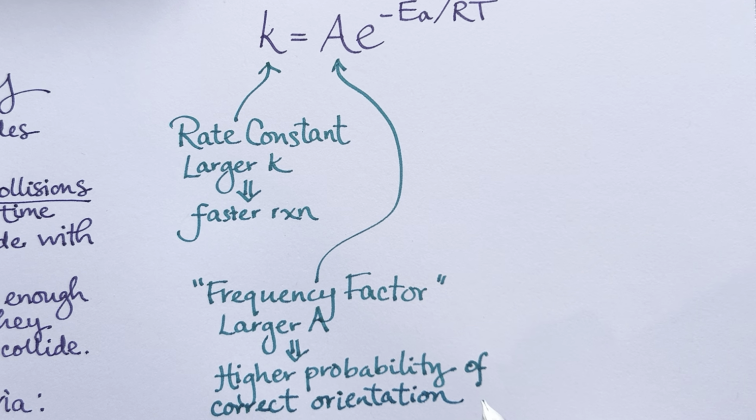That can manifest itself in various ways. One could be perhaps you have a molecule that has 4 different sites where if it collides at those sites, that can result in a reaction. Perhaps it's a larger molecule, or in some way there's a higher likelihood of that correct orientation resulting in a reaction.